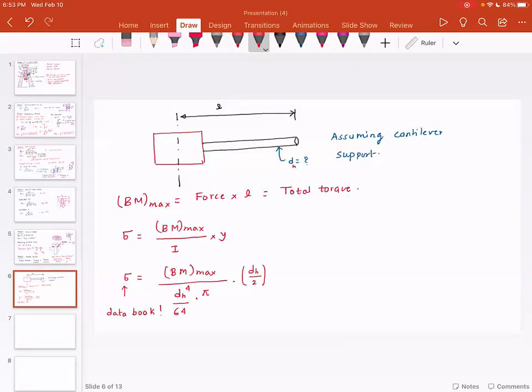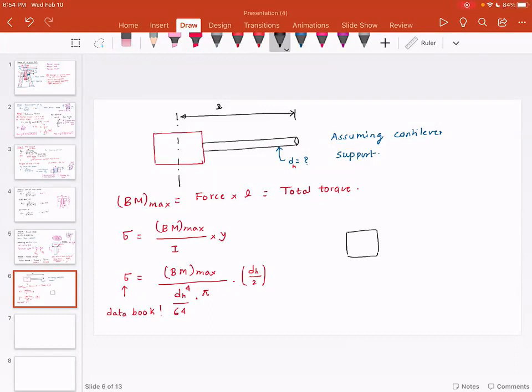Now, many a times, you will notice that the power requirement or the amount of torque requirement is very, very high. In certain cases, the torque requirement is high and your handle maybe comes around 2 meters.